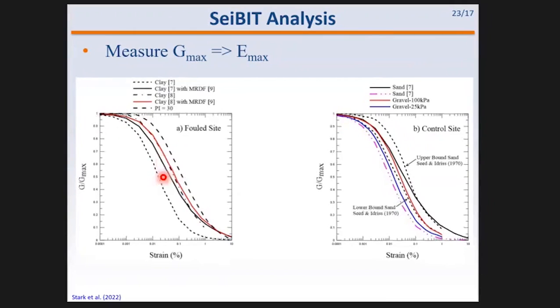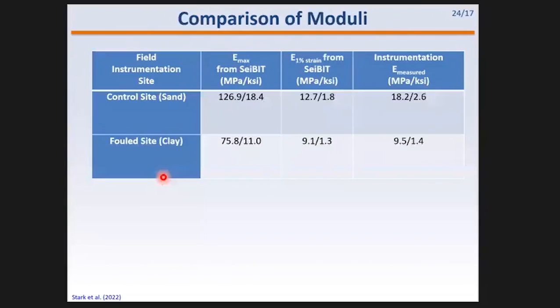Okay, so here's the comparison. On the left here, this is the modulus of elasticity, the maximum value. So that's using the maximum shear wave velocity. Then if I use 1% strain and the modulus reduction curve, you can see it drops from about 126 to about 12.7.